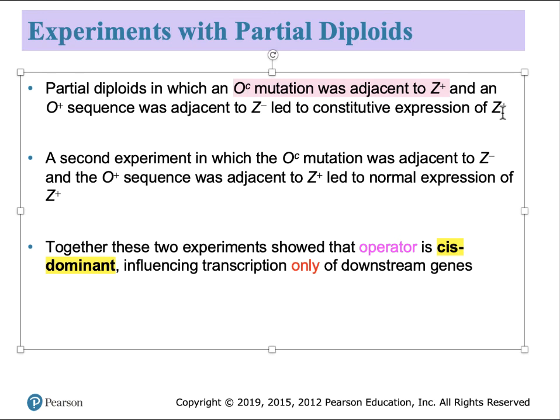So the cell would express the Z gene regardless of the second chromosome. And we know the reason why.